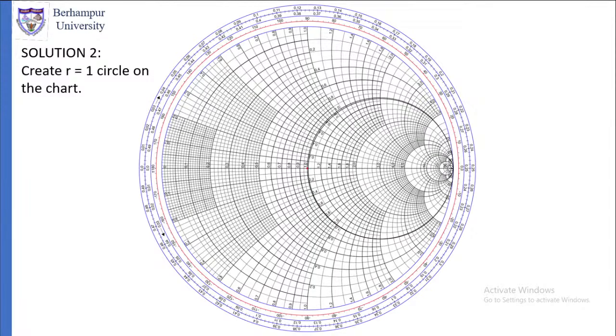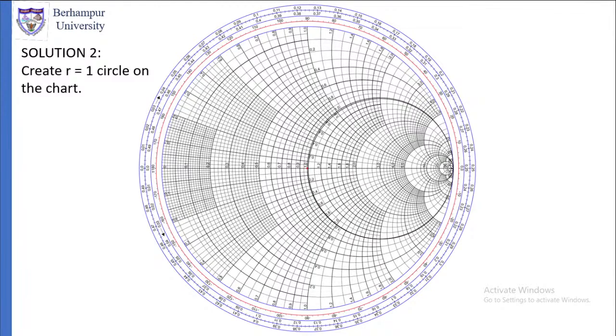Now that you have found the radius and drawn this circle, draw a similar, exactly the same circle, which I will tell you is this circle rotated by 180 degrees across the r is equal to 1 point.